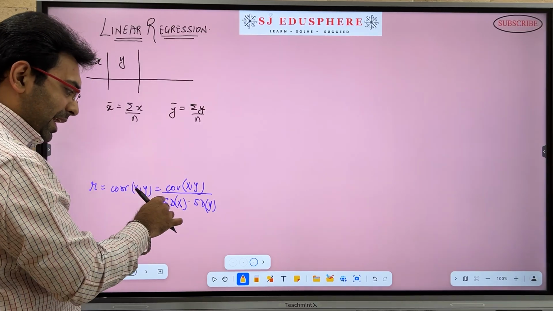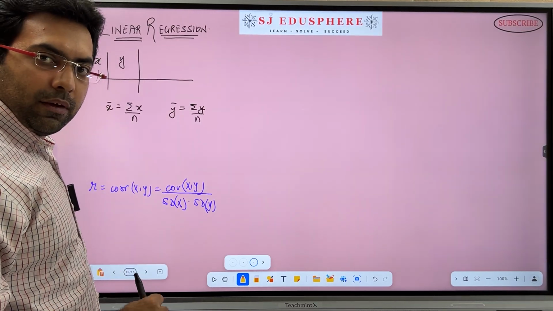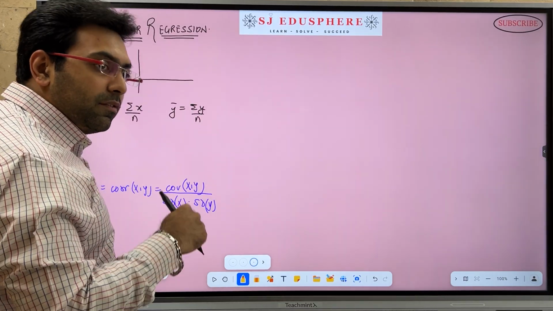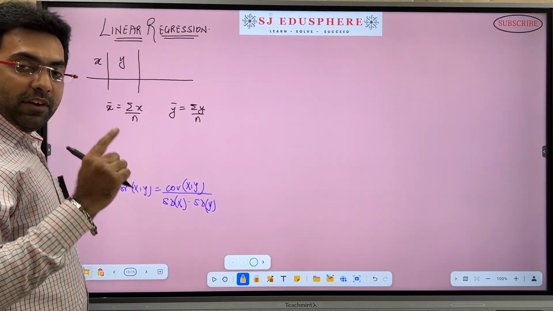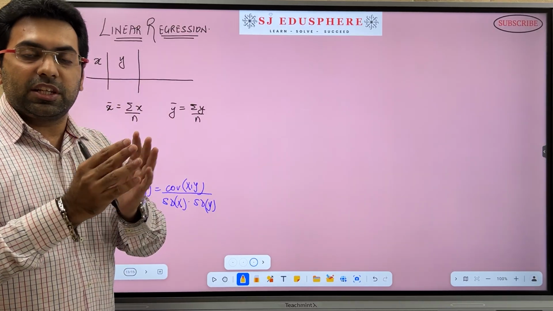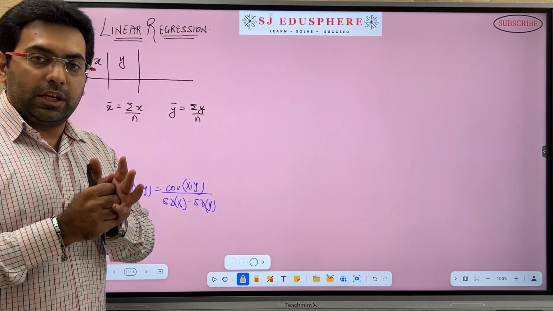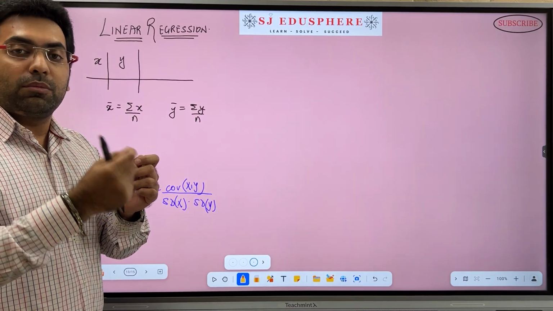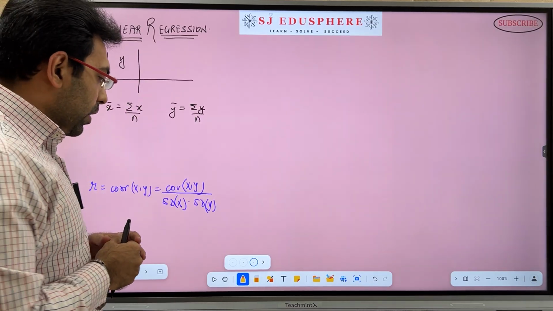For that, let us derive the standard deviation formula. Well, standard deviation, students, is the positive square root of variance. What is variance? Variance is the variation in the data from the mean value. How far is each value away from the mean value? We take the square of it.